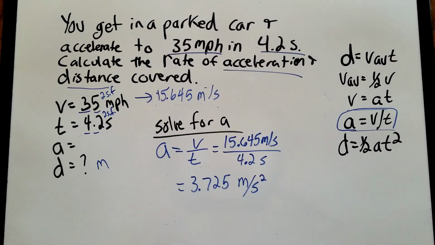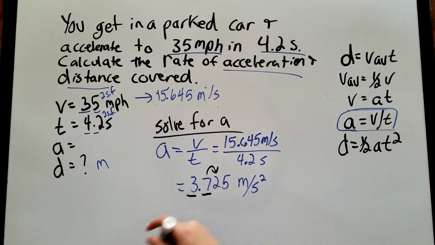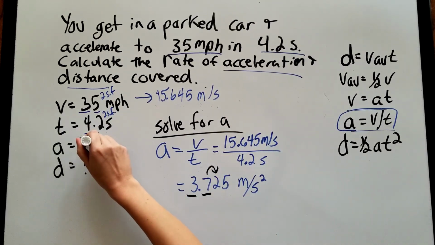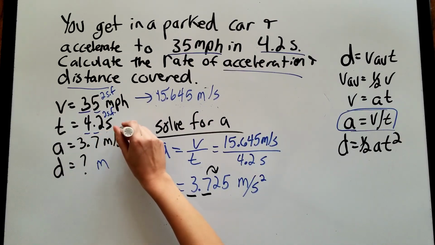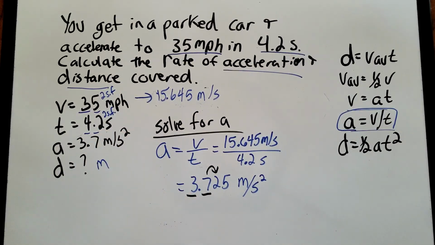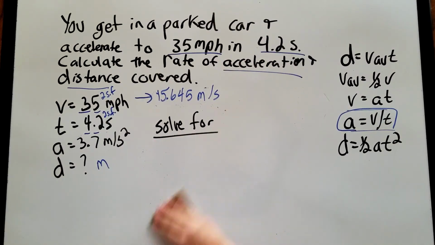So that means I should have two significant figures for my answer. So 1, 2, look at the number next to it, that stays a 7. So 3.7 meters per second squared would be the correct acceleration of that vehicle. I'm going to erase this and make room to solve for the next variable.